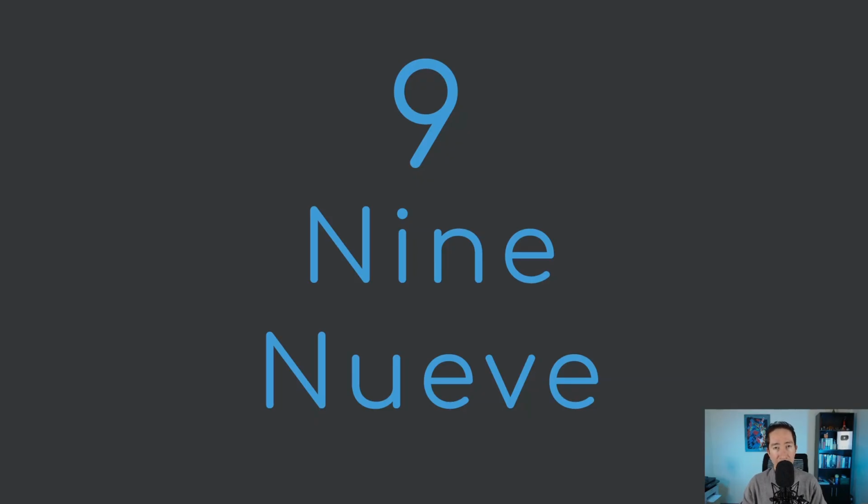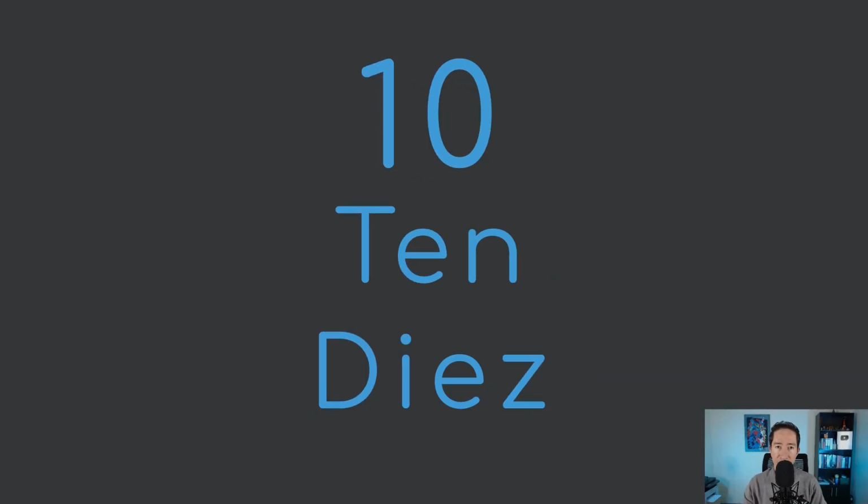The number 9, nueve. Let's go, almost finished with this list. Number 10, diez. Usually this could be used when you have a teacher and they give you a qualification for your test, for the exam.